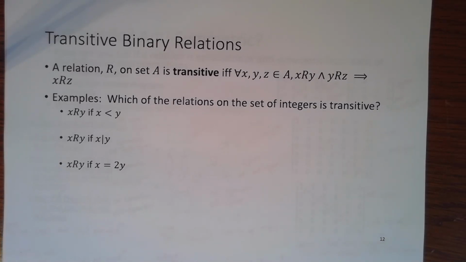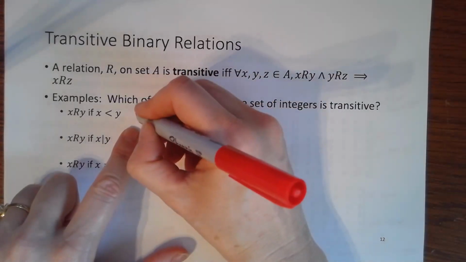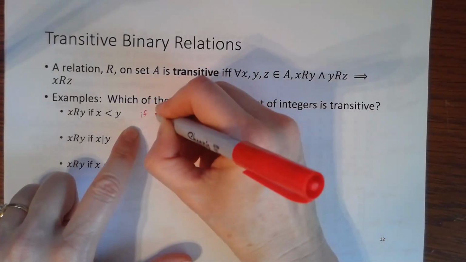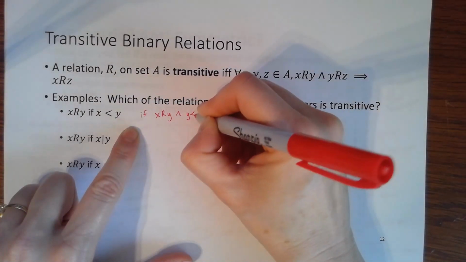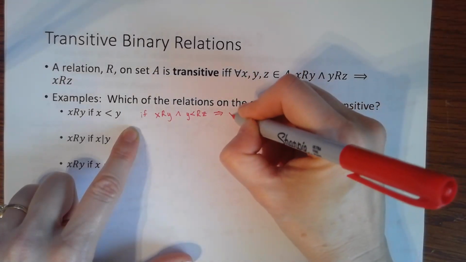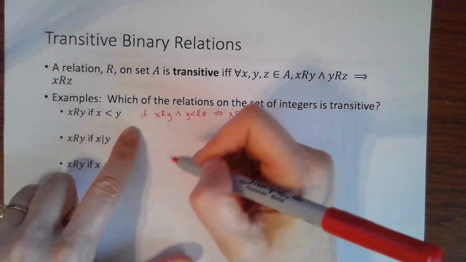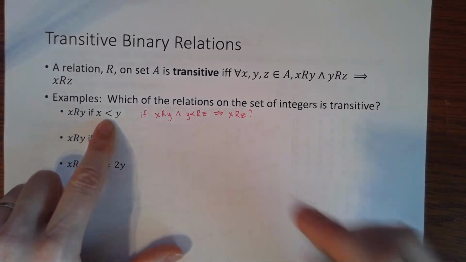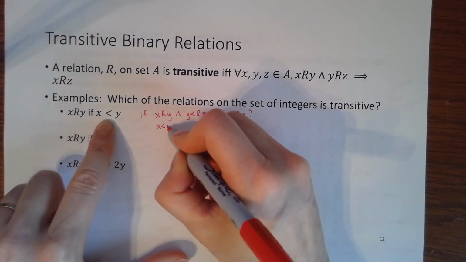All right, so which of these relations on the set of integers is transitive? Is it always true that if x is related to y and y is related to z, that will imply that x is related to z? Well, here, if x related to y is true, that would mean x is less than y.